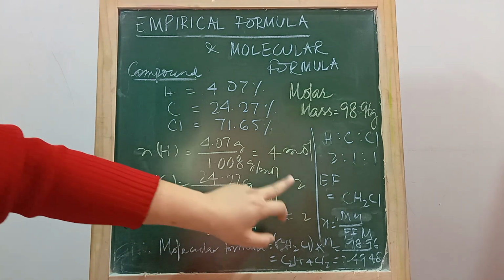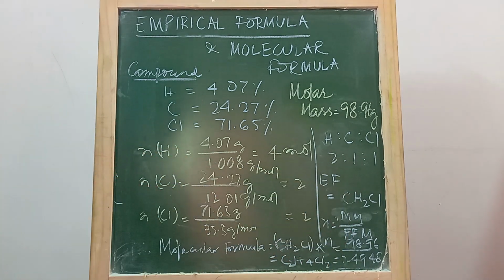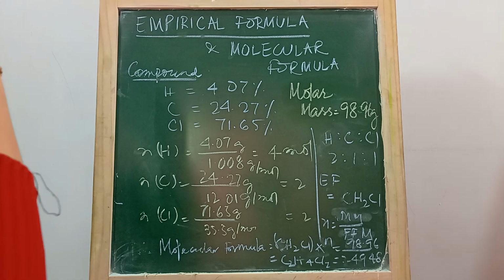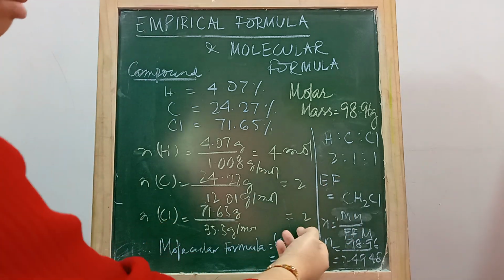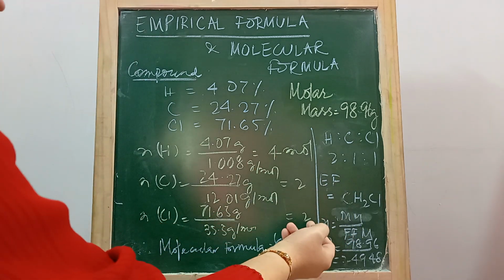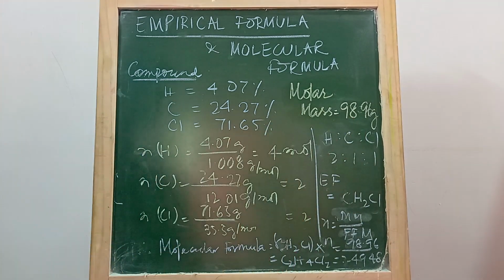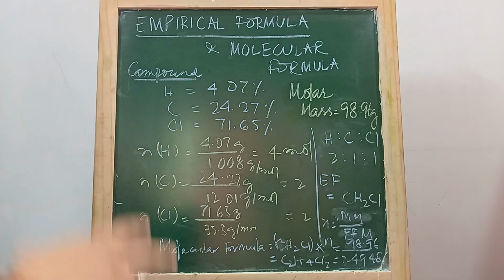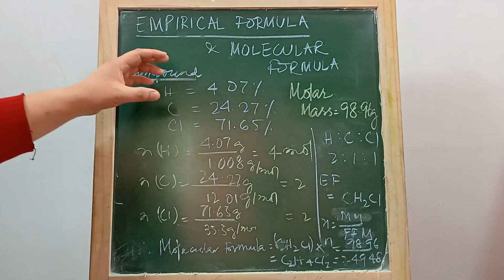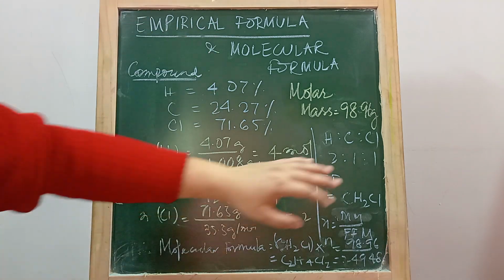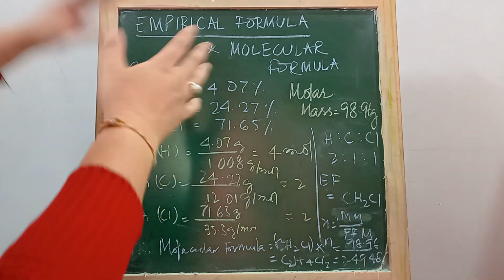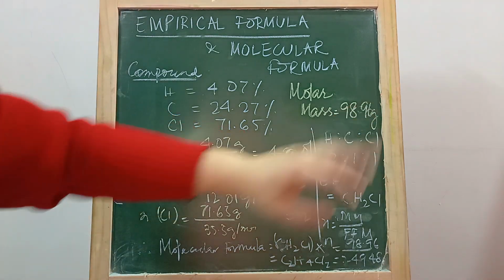It will be 4:2:2, and we divide it. Since we want the simplest ratio, we'll divide by 2, because the smallest number is 2. So 2 divided by 2 becomes 1, 2 divided by 2 becomes 1, and 4 divided by 2 becomes 2. So the simplest ratio of the atoms present in 100 gram of the compound is 2:1:1. Even if it is 1000 gram, it will still be 2:1:1.